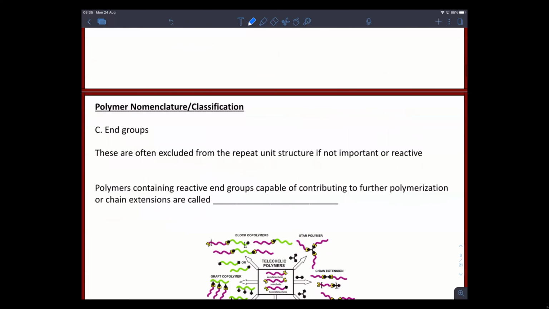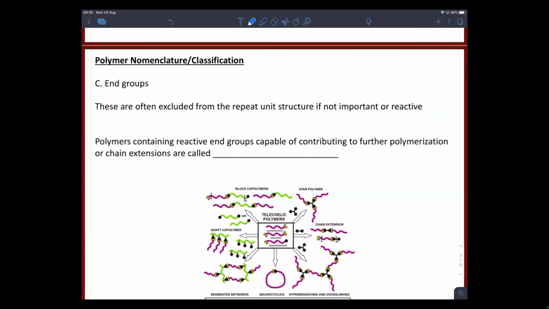So there are also end groups. End groups generally are not used in the naming terminology. They're often excluded from the repeat structure as well, if they're not important or reactive. Typical end groups could be something like a thiol, and again, you'll see this a bit later on. Thiol modifications are really important for adhering things to surfaces.